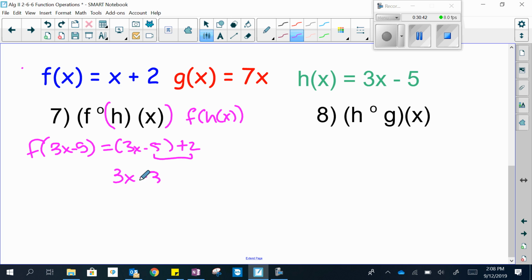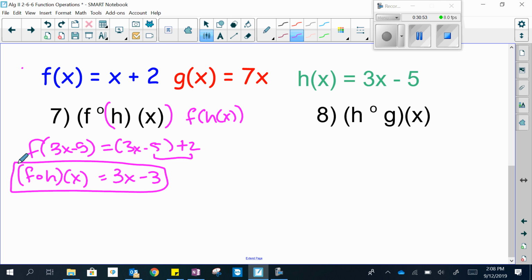Negative 5 plus 2 is minus 3. So now I have my f of h of x. How we do? I'm going to leave y'all to do the next one. Try the next one. Pausing. Got it.